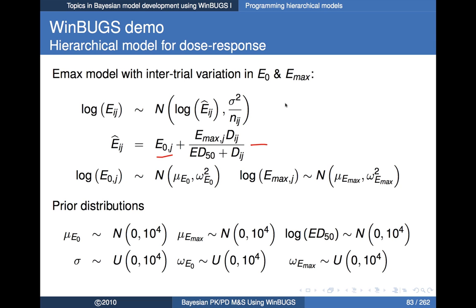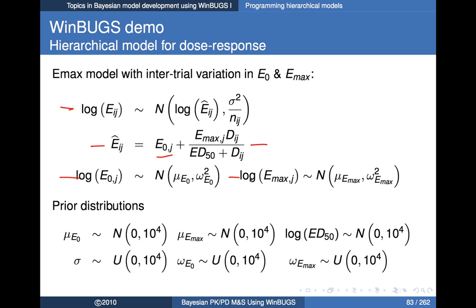An extra complication that I'm going to dance around and not agonize over here is that it has a log transform in it. We'll use it, we just won't focus on it here. So we've got log-normally distributed residual error, and we've got our Emax model, and then we have inter-individual, or in this case inter-trial, variation in E0 and Emax.